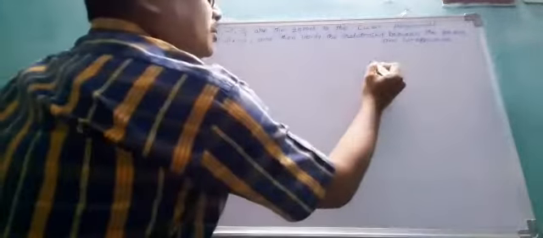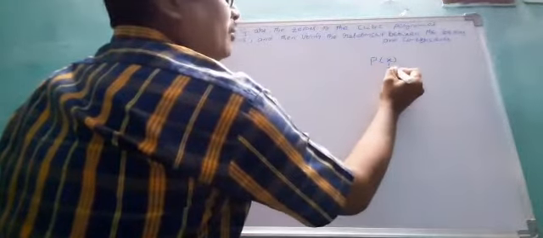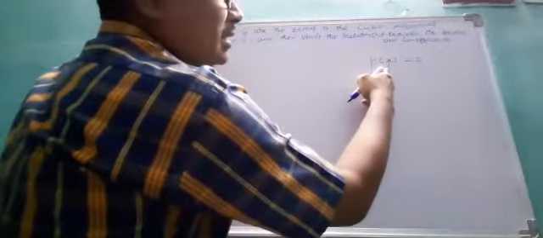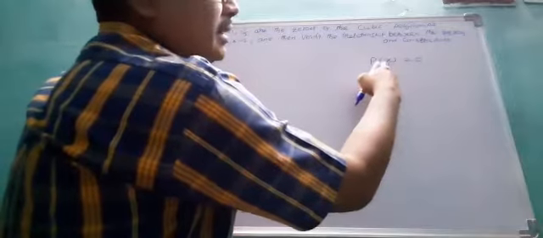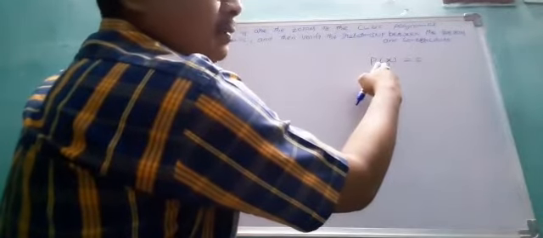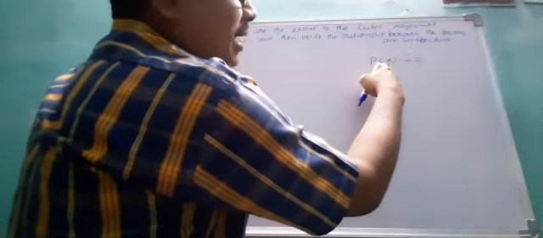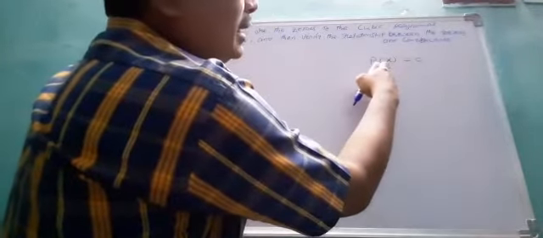If you substitute some value instead of x in a polynomial, and that polynomial becomes zero, such x value is called a zero of the polynomial, or root of the polynomial. Already you know this concept. So using that theory, we verify it.